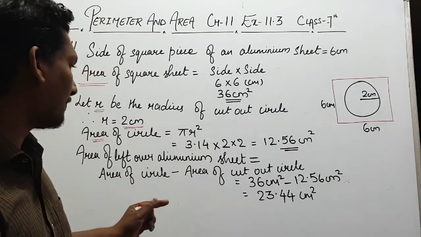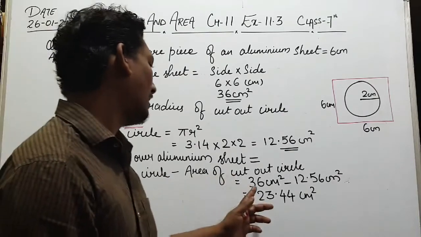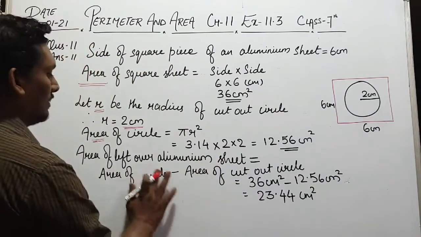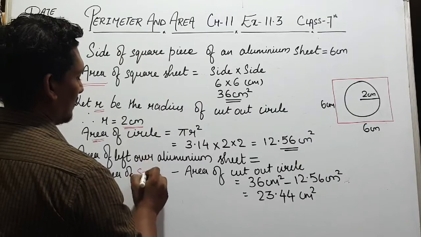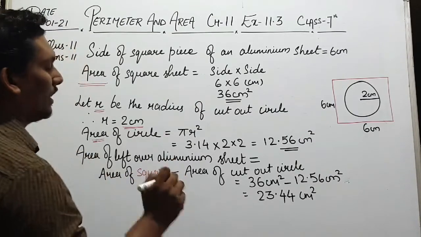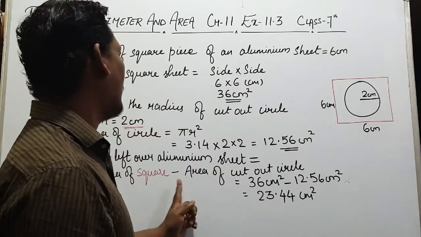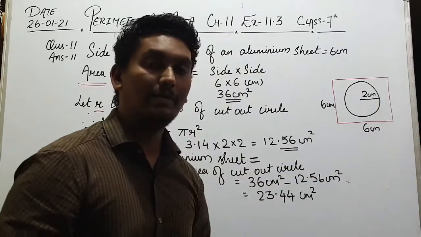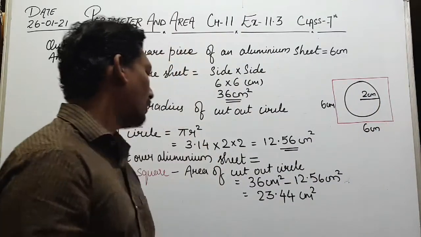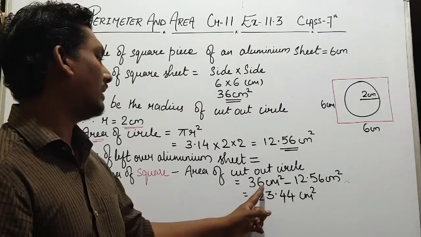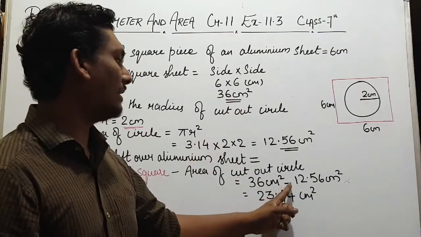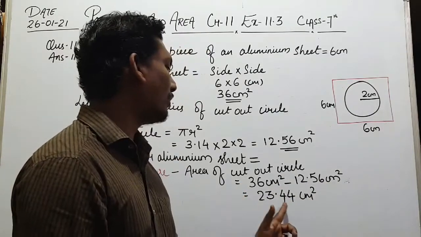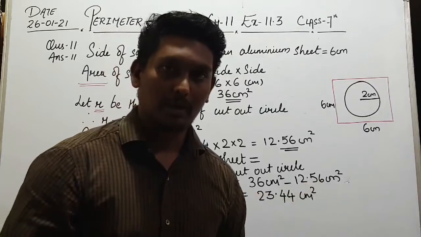Area of the square sheet minus area of the cut out circle, this portion that is cut out, that we have to subtract. So 36 cm square, that is the area of the square, minus the area of the circle, that is 12.56. When you subtract it, you will get 23.44 cm square.